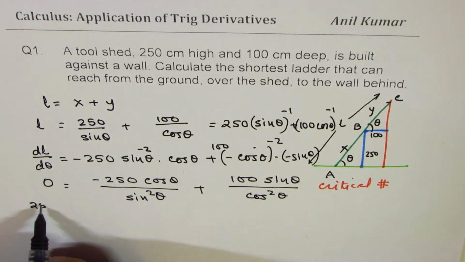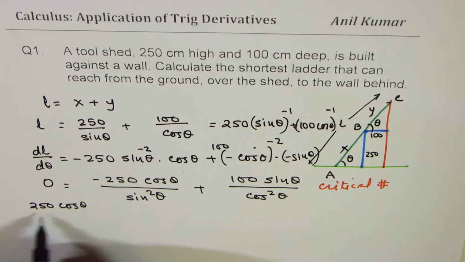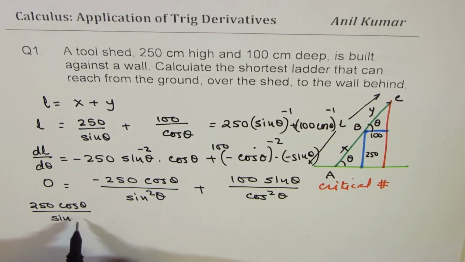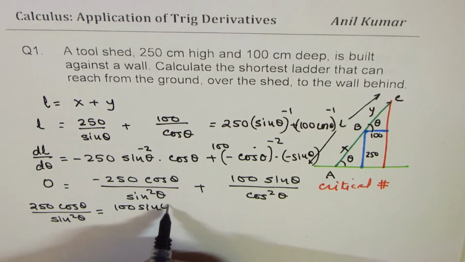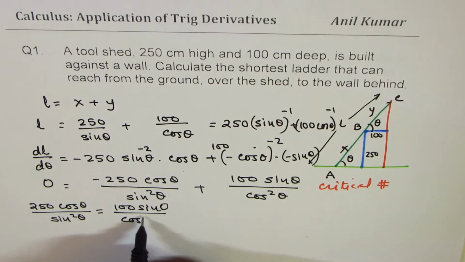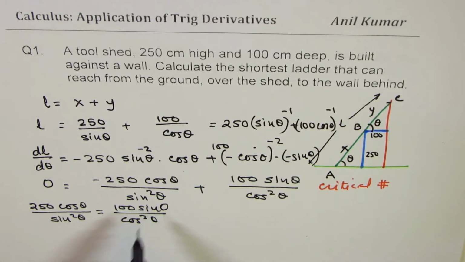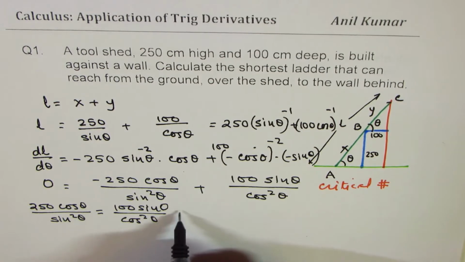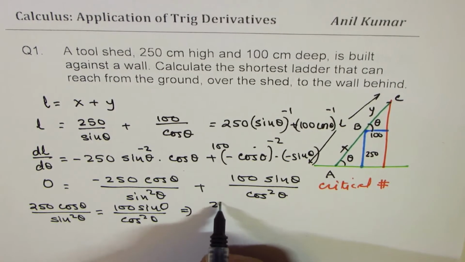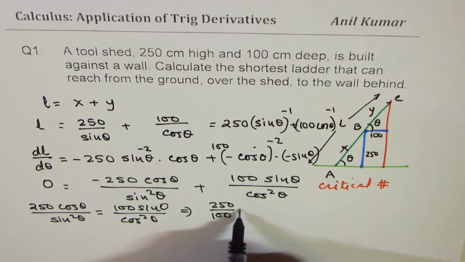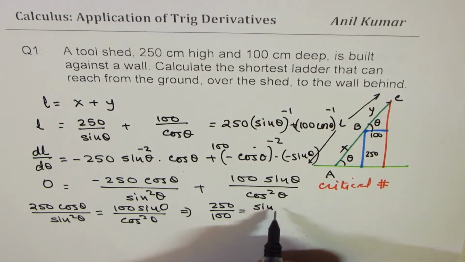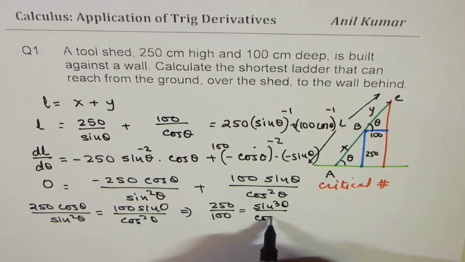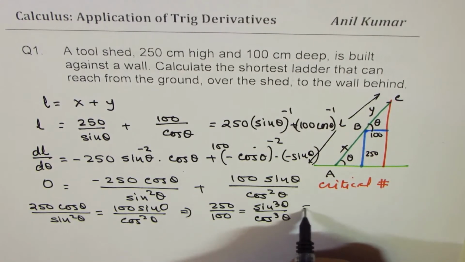We get 250 cos theta divided by sine square theta equals 100 sine theta divided by cos square theta. Now if you cross multiply, that gives you 250 over 100 equals sine cube theta divided by cos cube theta, correct? Which is tan cube theta, right?